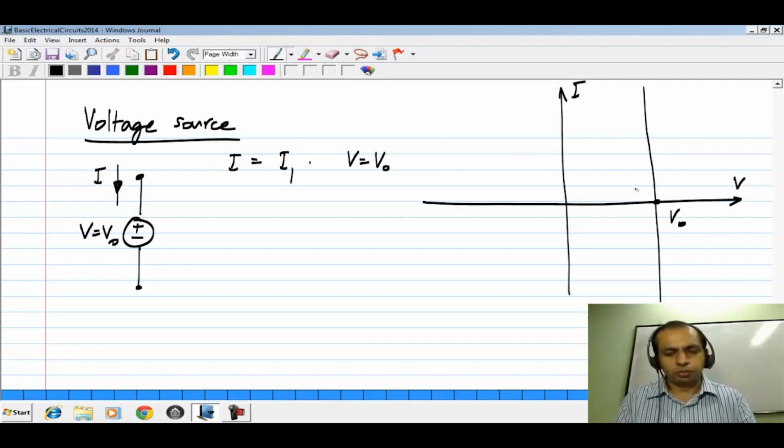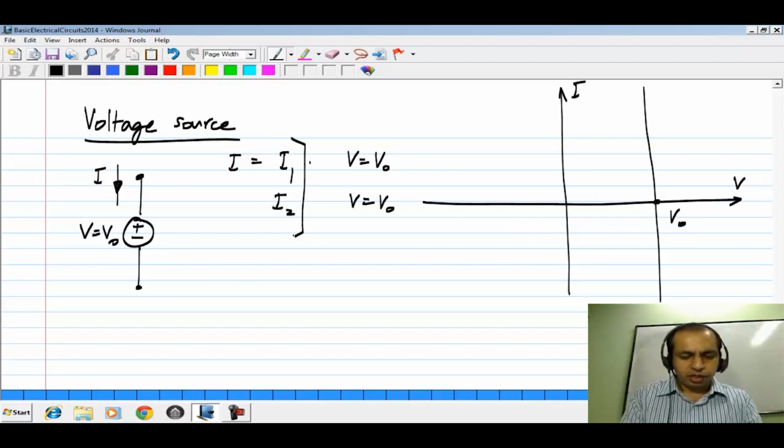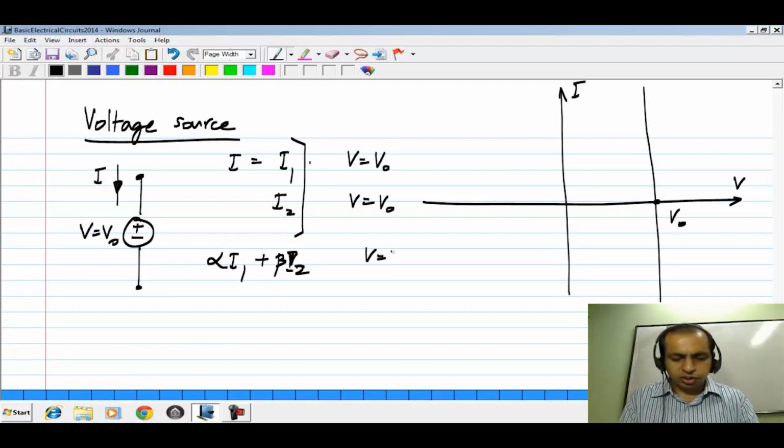It will always maintain a voltage V naught. Similarly, if the current were a different value I2, the voltage would still be V naught. And if you apply a linear combination of these, alpha I1 plus beta times I2, the voltage would still be V naught.